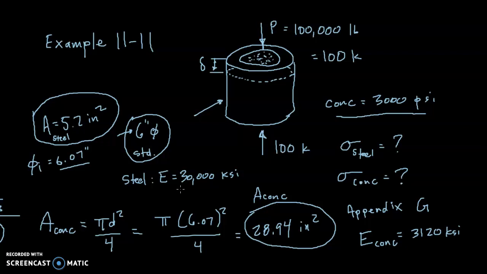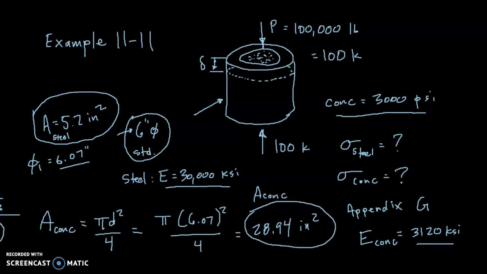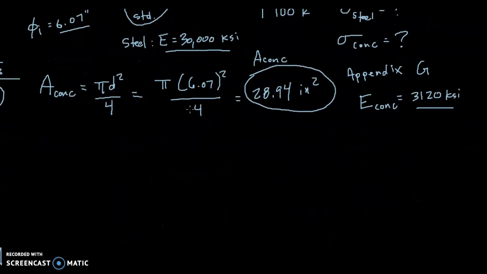And steel, regardless of what type of steel it is, has 30,000 ksi. Okay, so let's scroll down here a bit to give us a little bit more room. So that means our modular ratio is equal to the modulus of elasticity of material A over the modulus of elasticity of material B. So here's where it doesn't matter which material we consider to be material A and which B.